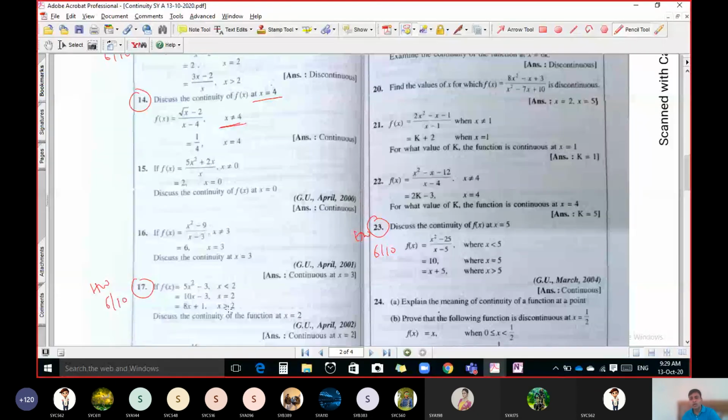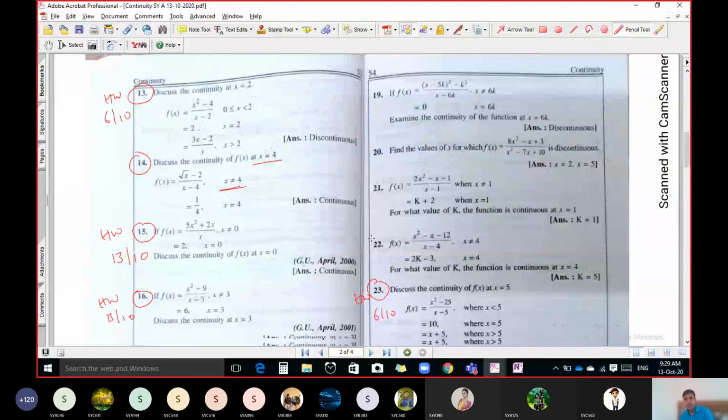So now it is enough for today. You can do this question as homework. Question number 15, 16, 20 we will discuss.